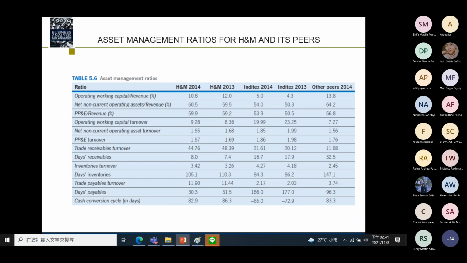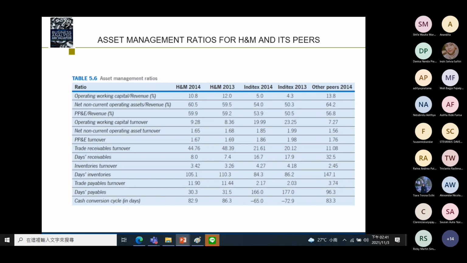HMM's non-current operating asset utilization slightly worsened in 2014. Both its net non-current operating asset turnover and its PP&E turnover decreased, albeit marginally.